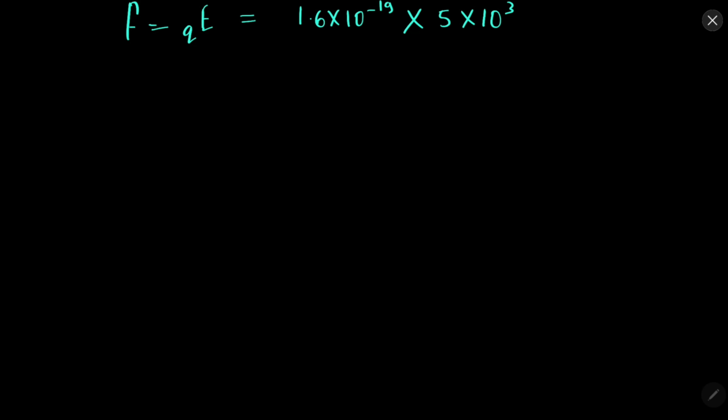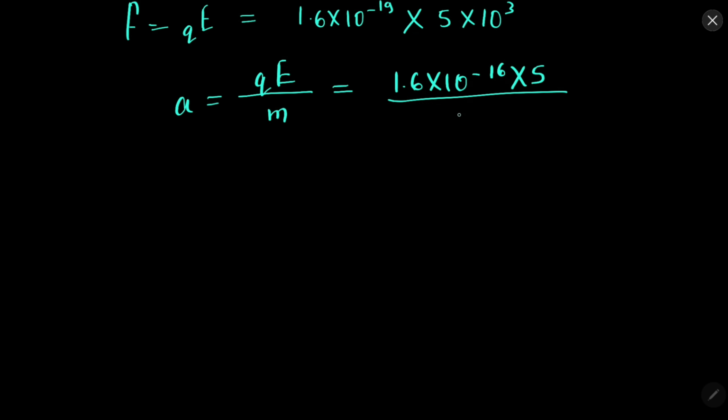Electric field is 5 into 10 to the power 3. So the force will be this much. Now acceleration will be force over mass, that is QE over mass of electron. So 1.6 into 10 to the power minus 16, because this 3 will get cancelled, into 5 over 9.1 into 10 to the power minus 31.